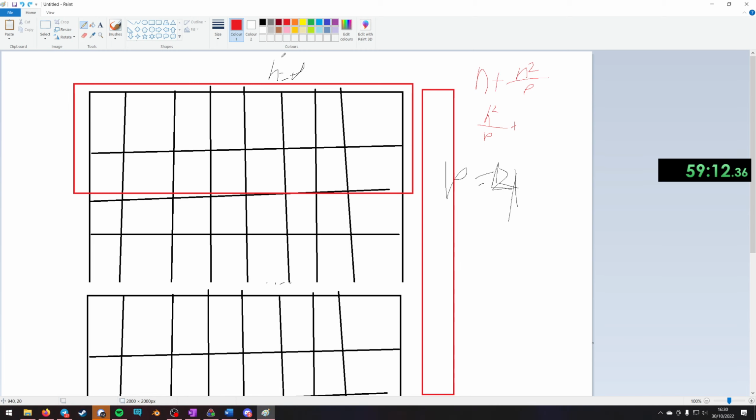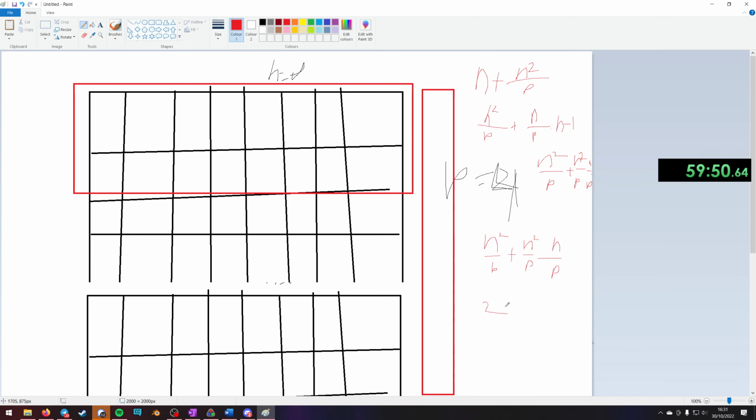So instead of n squared over p, it's n over p times n minus 1. Calculate this out, you get n squared over p plus n squared over p minus n over p. That is very difficult to write, I'll rewrite it down here: n squared over p plus n squared over p minus n over p.